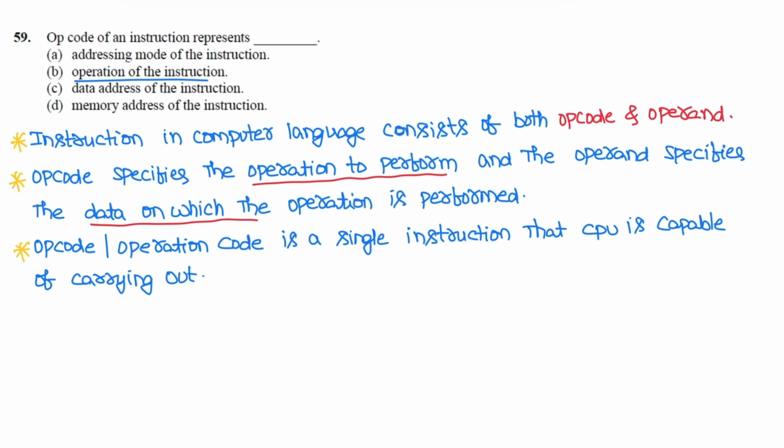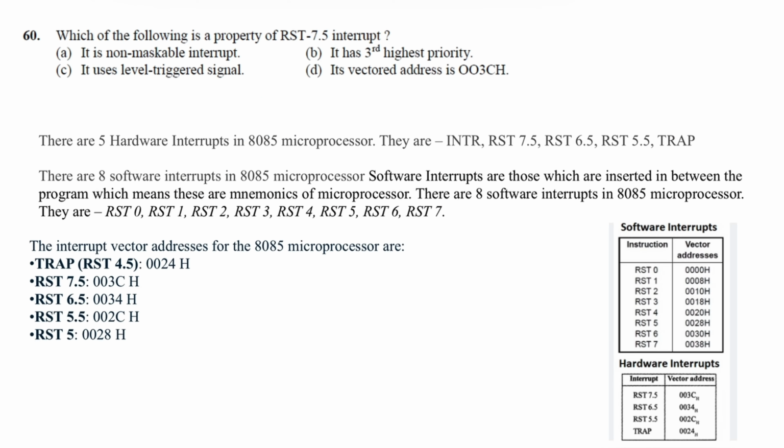Question number 60. Which of the following is a property of RST 7.5 interrupt? Before seeing this, let us see the interrupts of the 8085 microprocessor. The 8085 microprocessor consists of 5 hardware interrupts: INTR, RST 7.5, RST 6.5, RST 5.5 and trap.